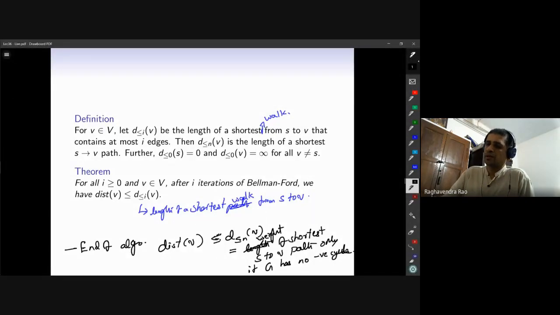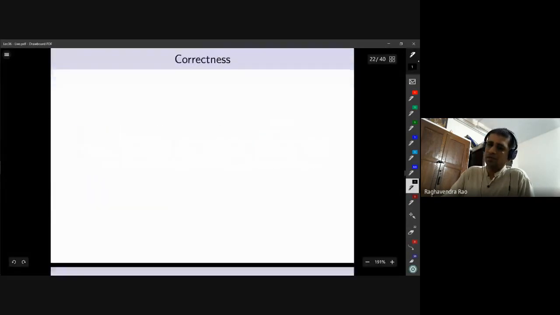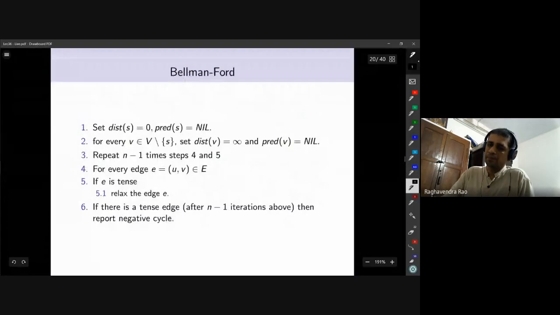Okay. So why is the last step of the algorithm correct? If G had no negative weight cycle, for every vertex V, distance V would be the actual weight of a shortest S to V path, right?